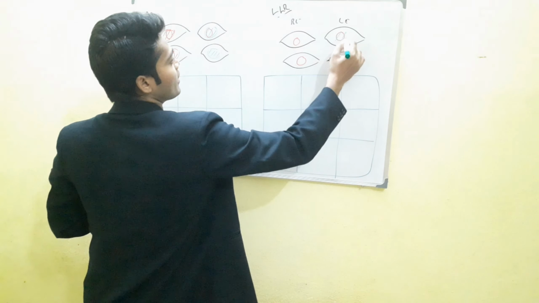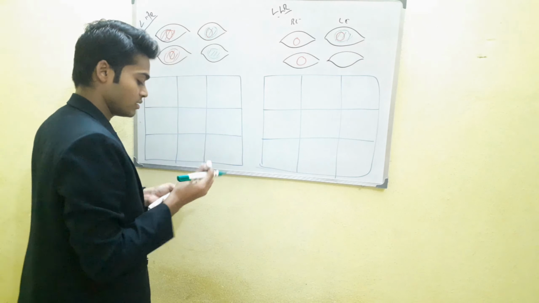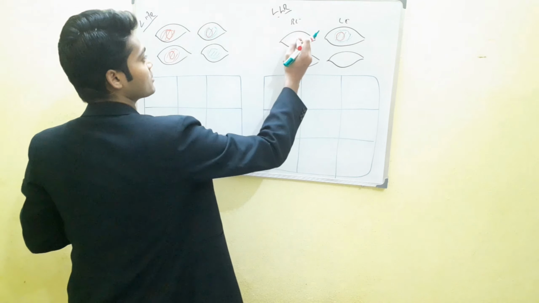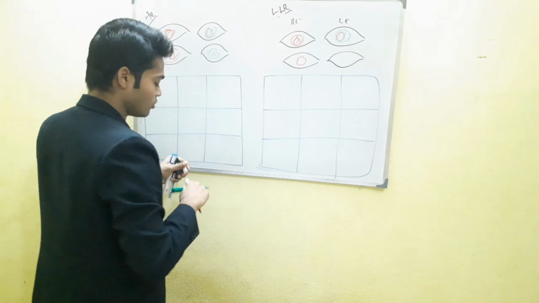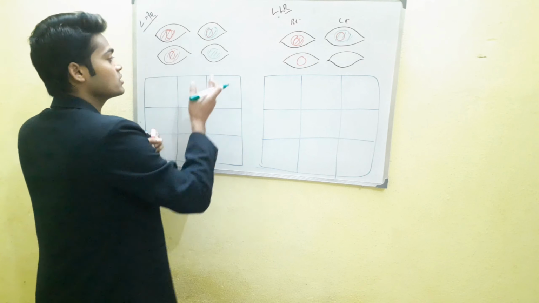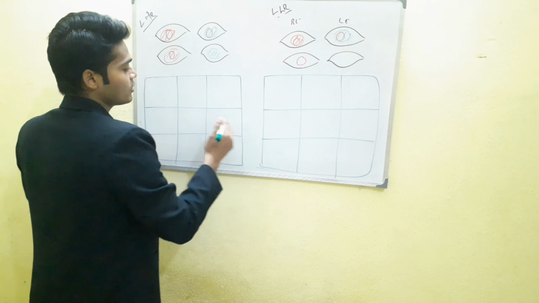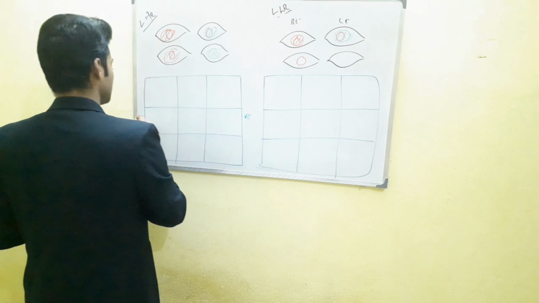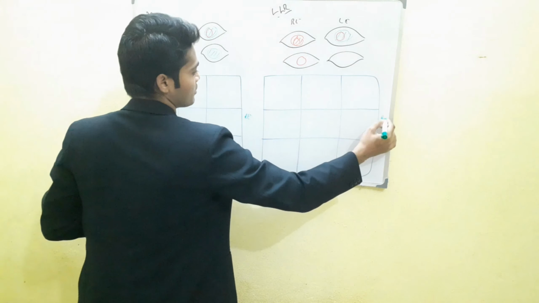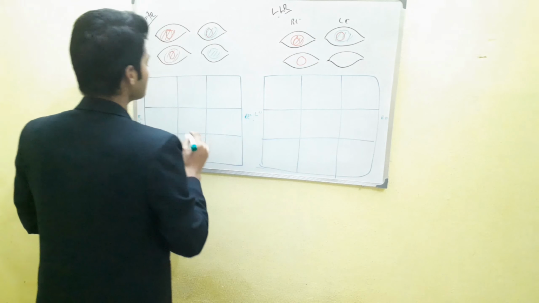Now here the green image is getting distorted and the red image maintains its position and shape, because red is already on the right. So suppose this is patient right, this is patient left.